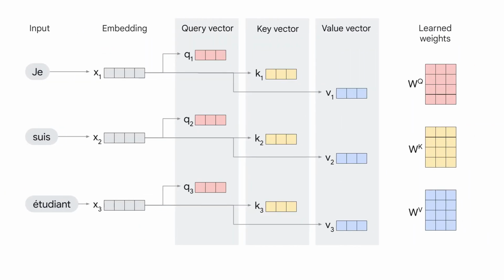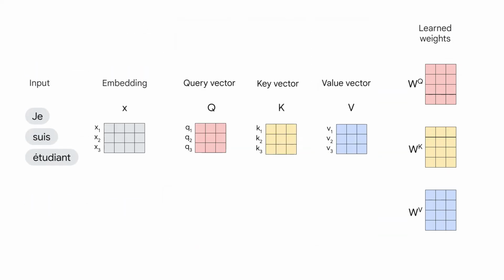In the self-attention layer, the input embedding is broken up into query, key, and value vectors. These vectors are computed using weights that the transformer learns during the training process. All of these computations happen in parallel in the model in the form of matrix computations.